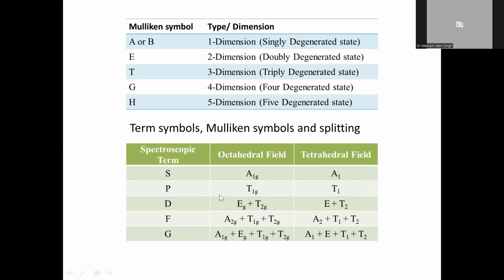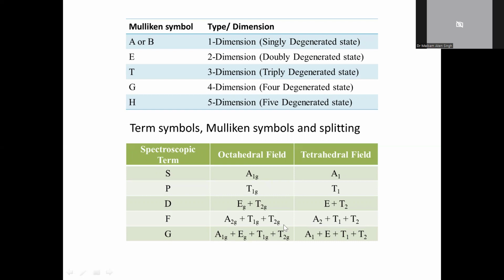In P we have three degenerate X, Y, Z, and D we have five, which means a doubly degenerate set and a triply degenerate set; here also in D only the G is removed. F gives A2g, T1g, T2g and so on.